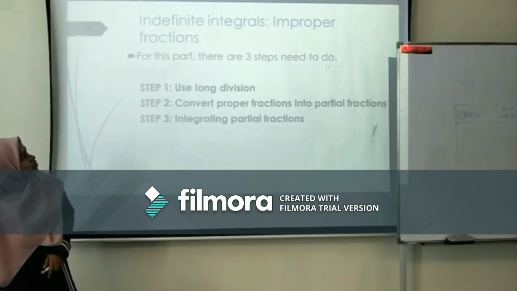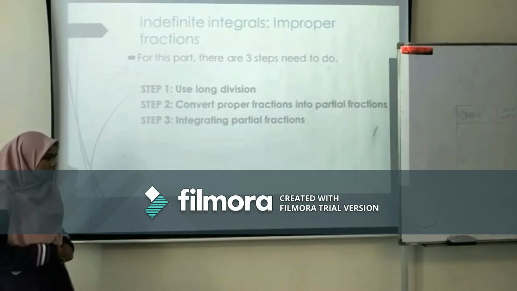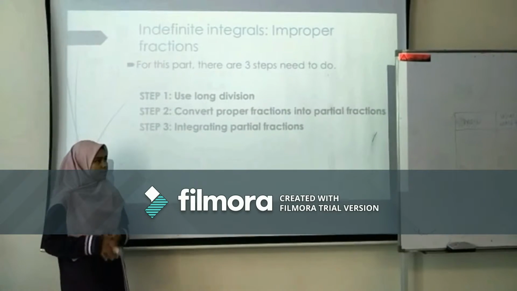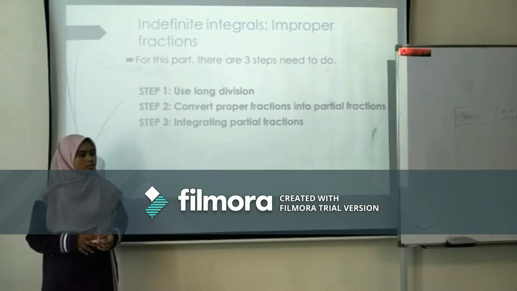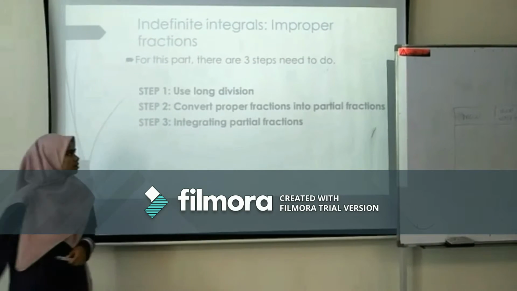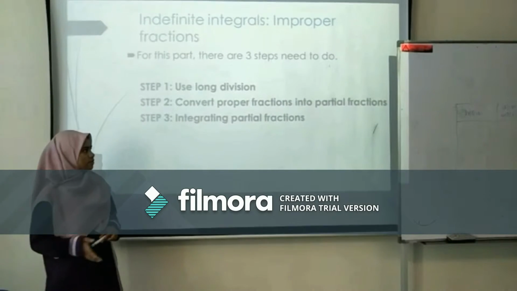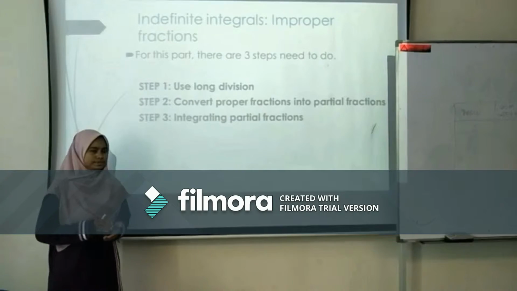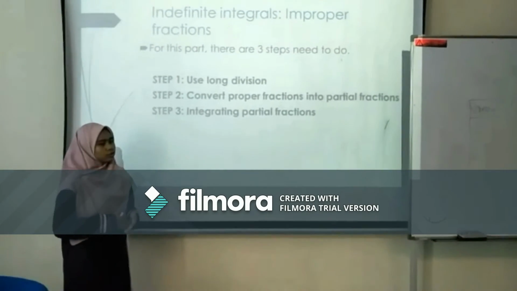Okay, improper fraction. The difference between proper fraction and improper fraction in integrating is that for the improper fraction, you need to use long division. And then after you use long division, you just follow like the proper fraction.